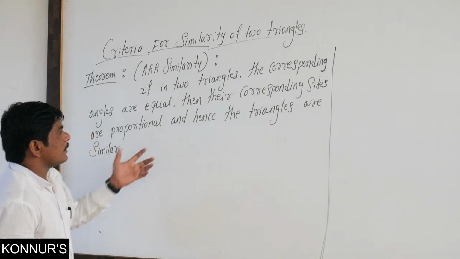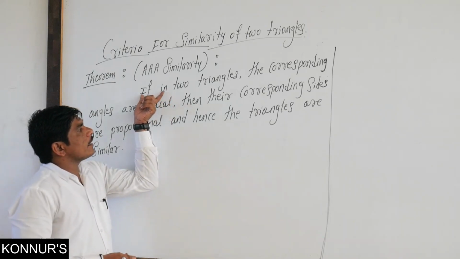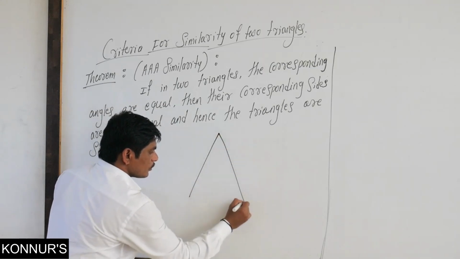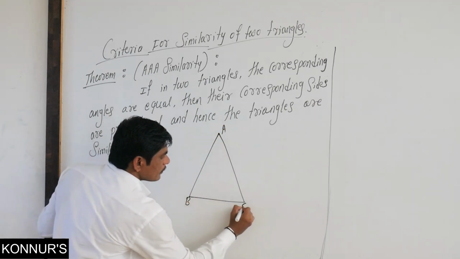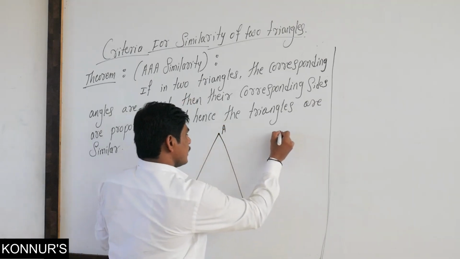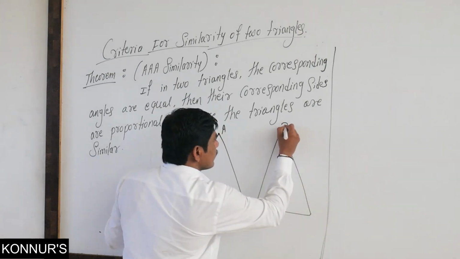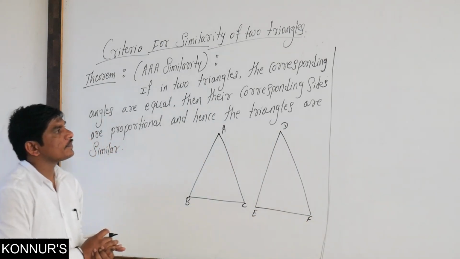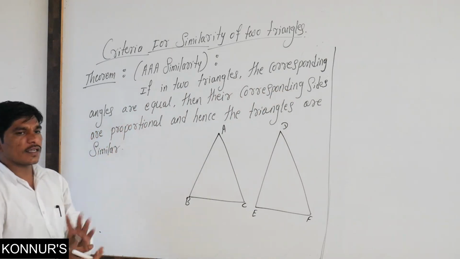Now based on this statement, first we draw the figure. According to the given statement we draw two triangles, ABC and DEF, another triangle. One more statement is the corresponding angles are equal.